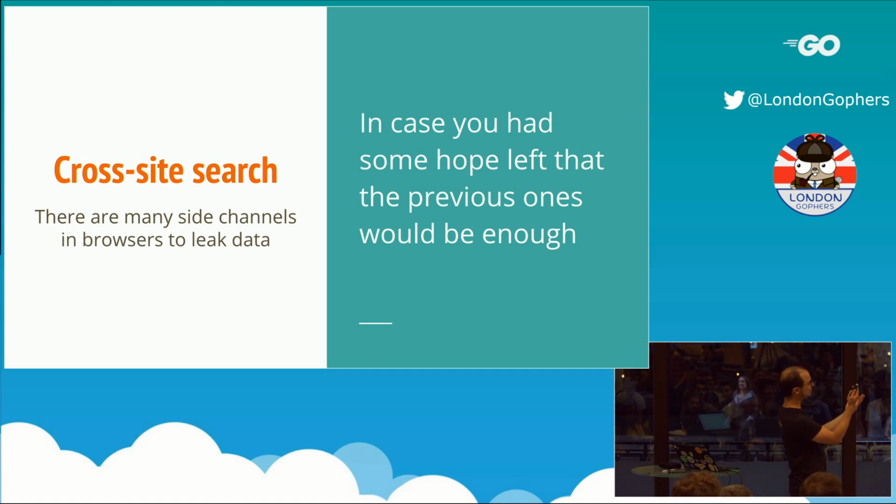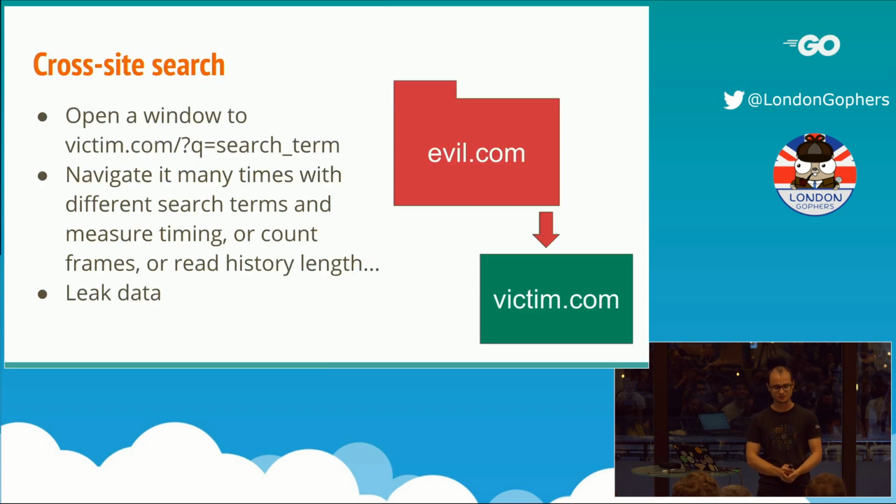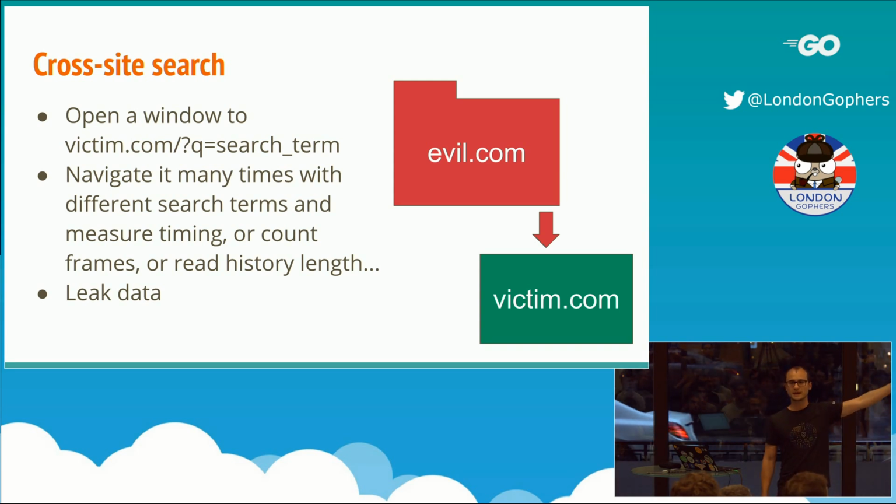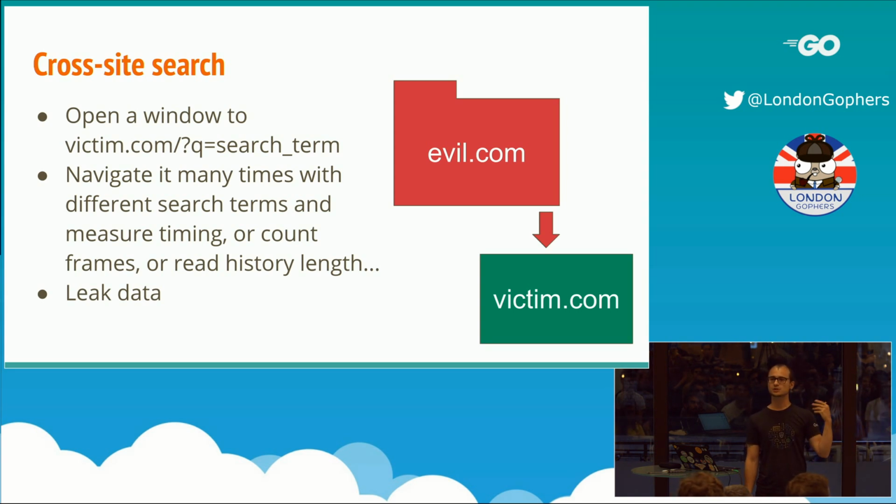So at this point, we're like, what if we did something better than just hacking something in every application we find? This is the logic. Evil.com opens a window to victim.com, and they can, because browsers. So then they navigate that page many times to different search terms. It's like searching in YouTube, searching in Gmail.